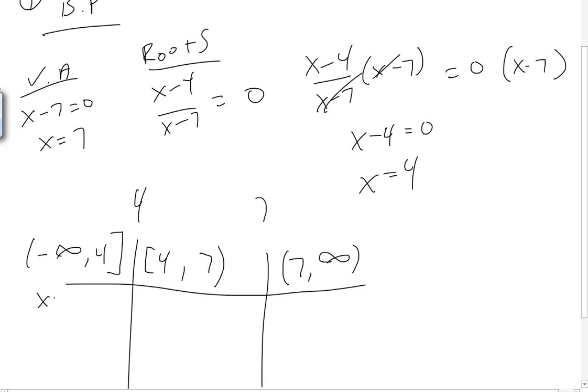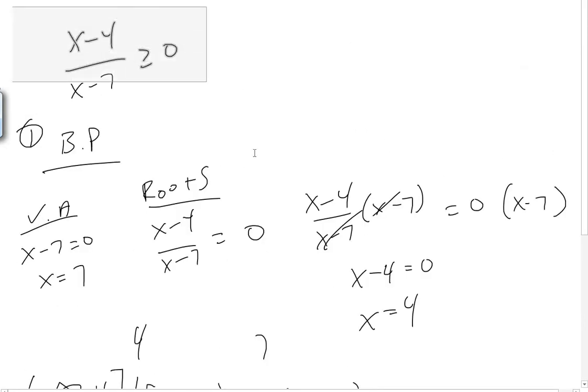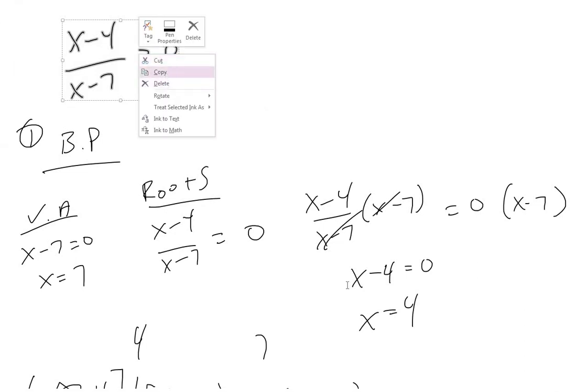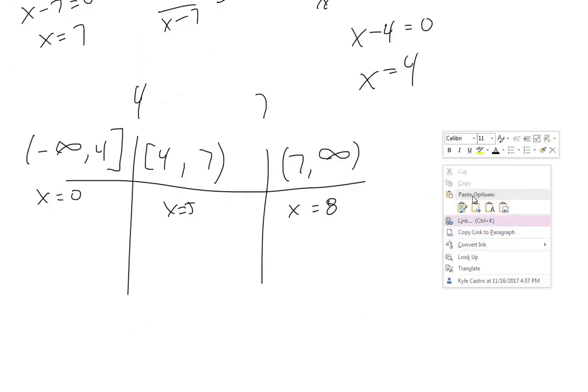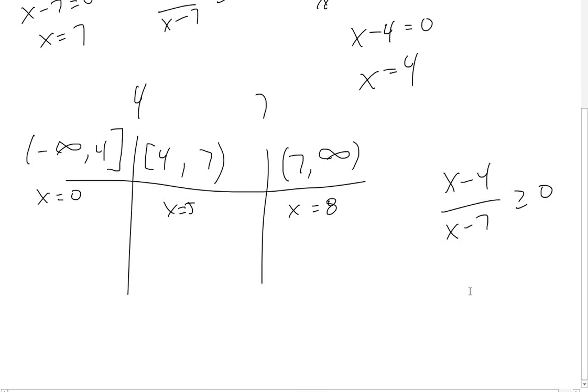And then now I can test something like 0, something like 5, and something like 8. I plug them back into the original inequality up here. So evaluating at 0 gives me 0 minus 4 over 0 minus 7. I want to know if that's greater than or equal to 0.